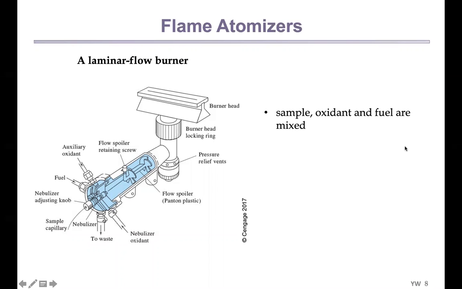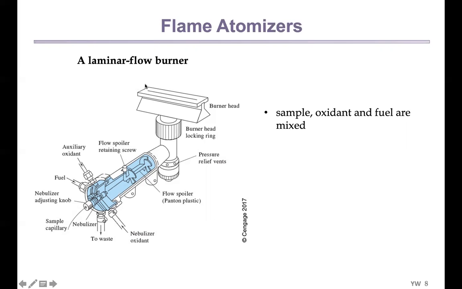Okay, here are just two types of flame atomizers. The first one is the typical one we use in our test. If you remember the flame picture I showed you, it has a long dimension, right?